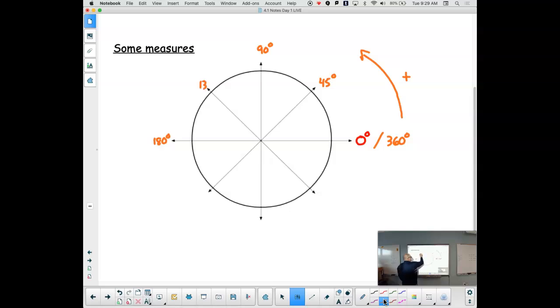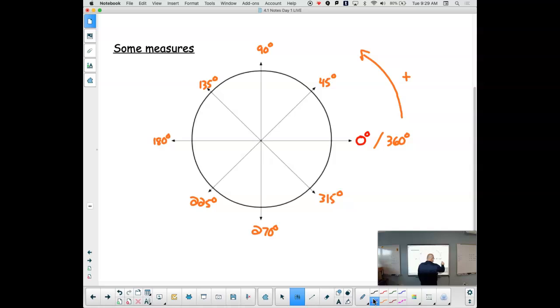This one then would be 135 degrees. 90, 180, 270 would be straight down. 225 would be the halfway point between 180 and 270. 315 would be the halfway point between that one. Okay. So that's the positive direction.